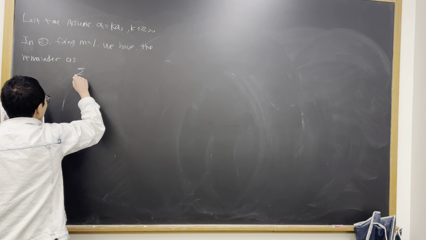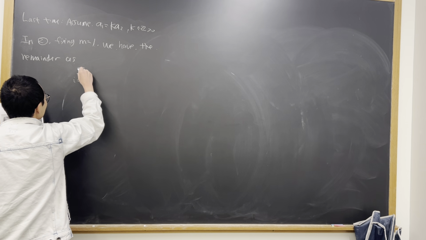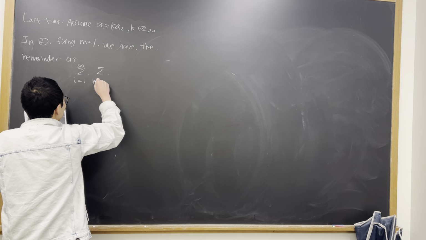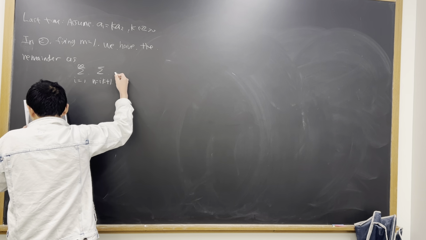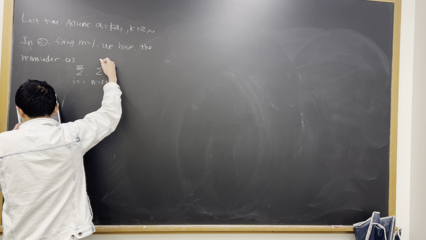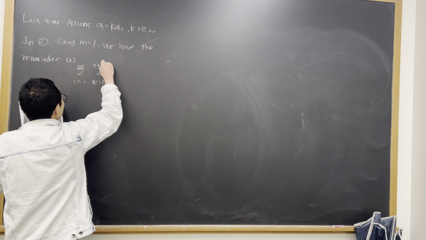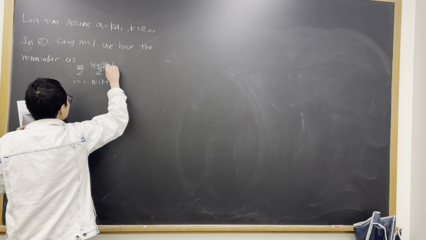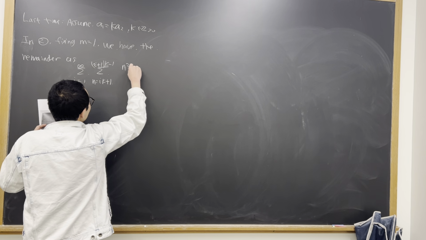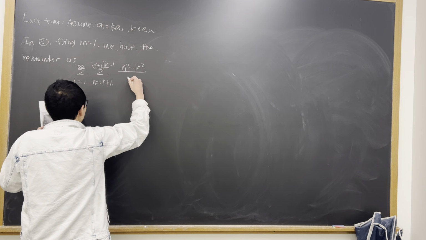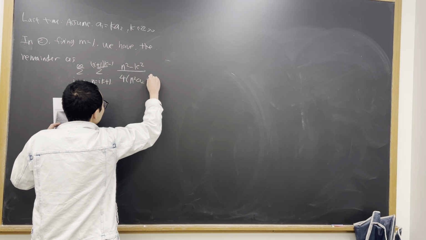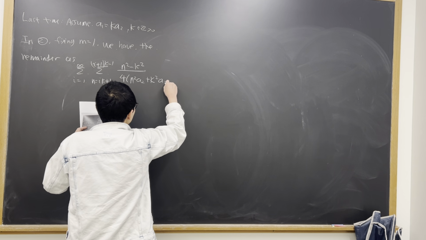we sum over i from 1 to infinity of the summation n from ik plus 1 to (i plus 1)k minus 1, where the summand is equal to n squared minus k squared over 4 times n squared a2 plus k squared a2 squared.